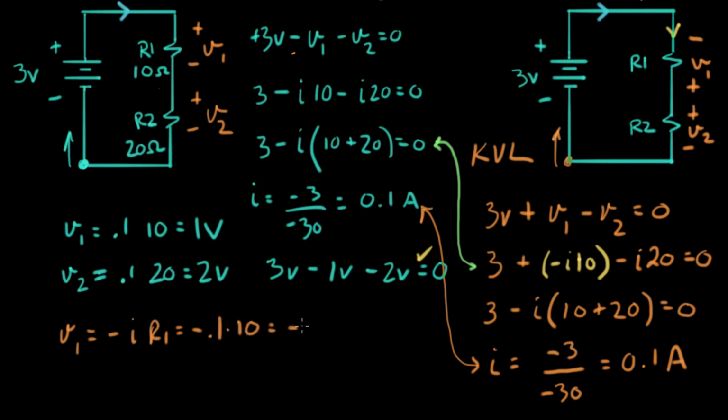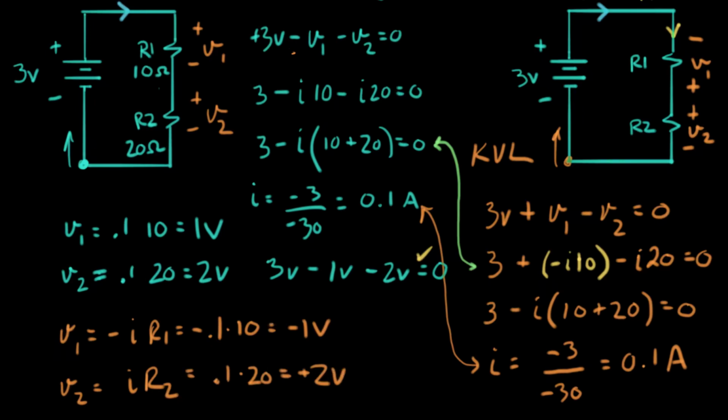And that equals minus 1 volt. And V2 equals I times R2, which is equal to 0.1 times 20 ohms. And that equals plus 2 volts.